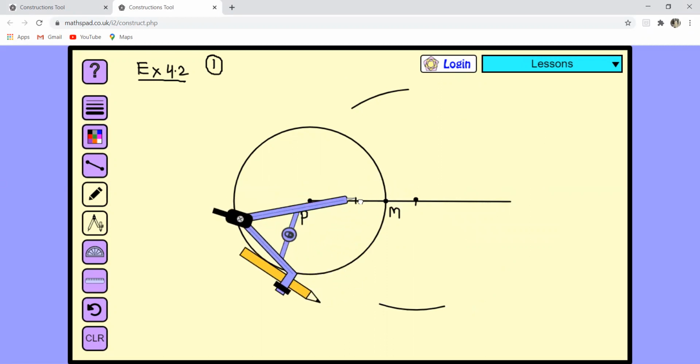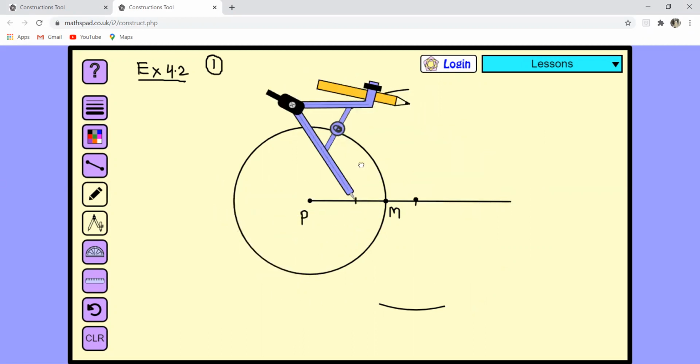Now we'll keep the steel point on the next arc and we will intersect this arc.